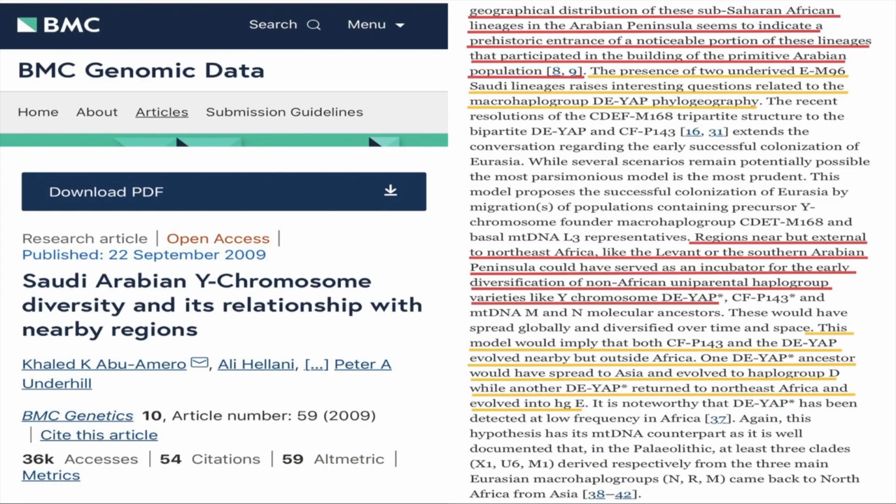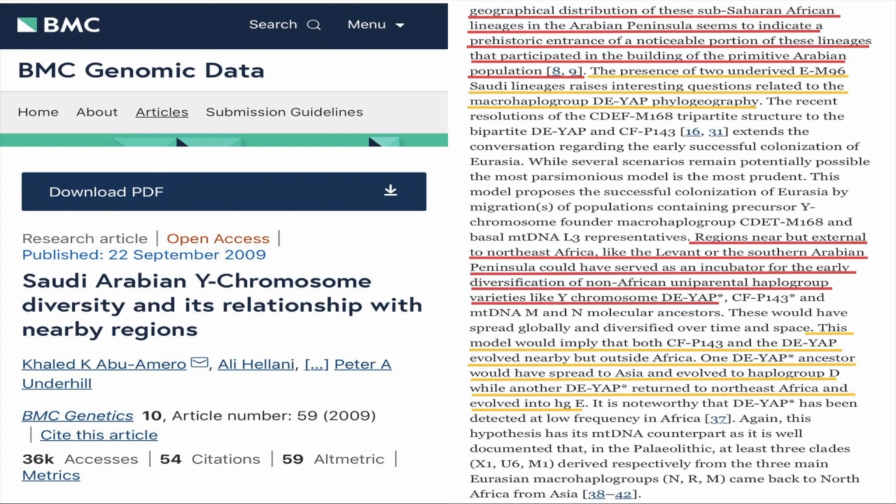Geographical distribution of these sub-Saharan African lineages in the Arabian Peninsula seems to indicate a prehistoric entrance of a noticeable portion of these lineages that participated in the building of the primitive Arabian population. The presence of two underived E-M96 Saudi lineages raises interesting questions related to the macrohaplogroup DE-YAP phylogeography.